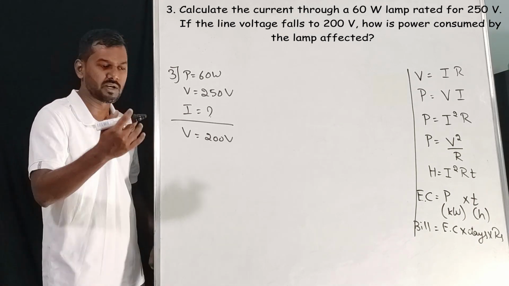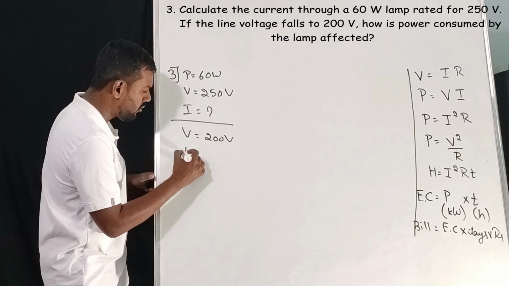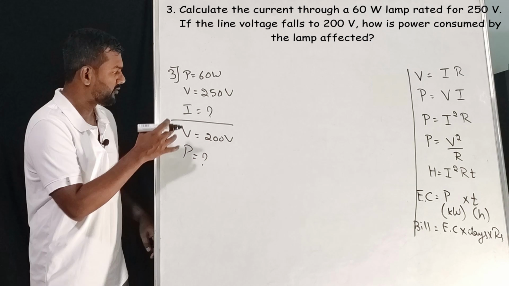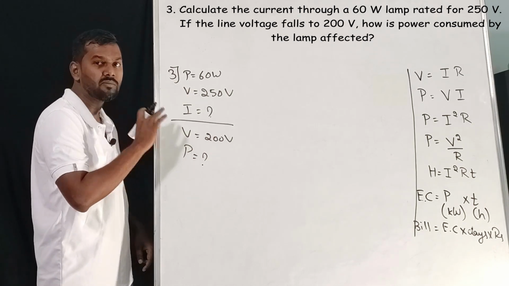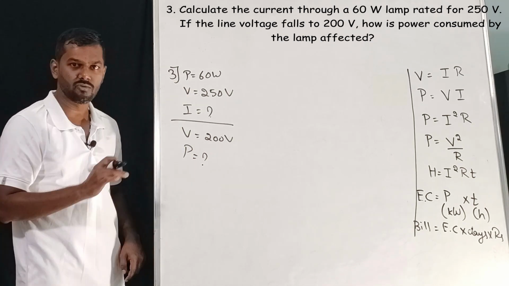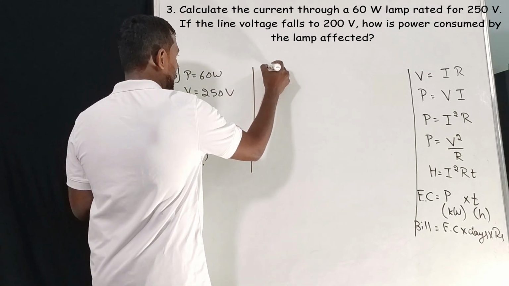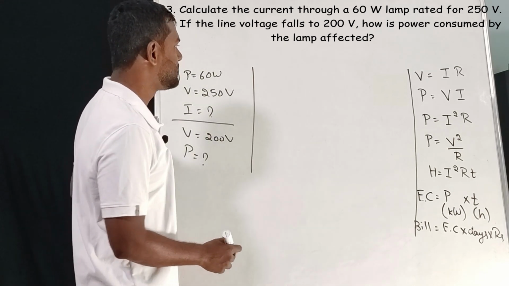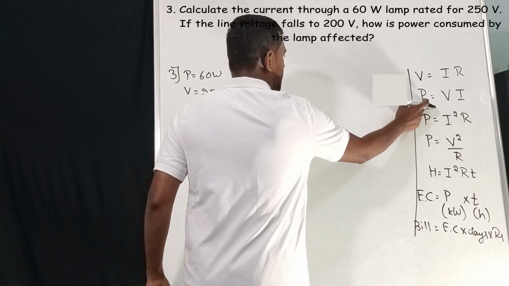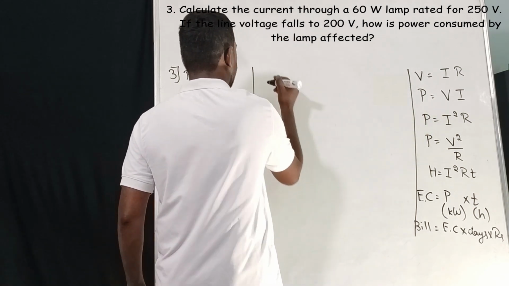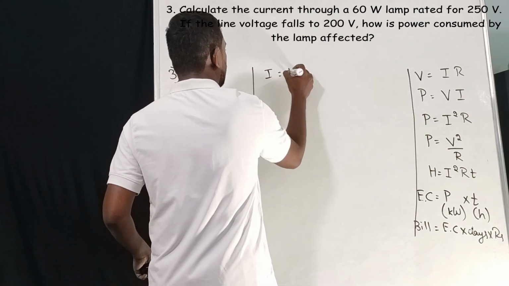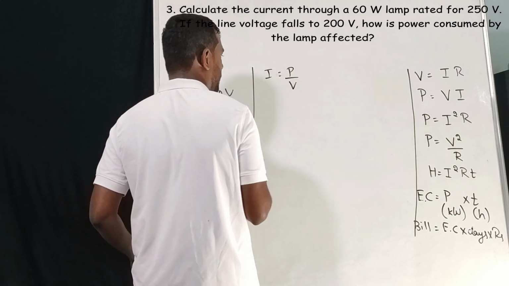That 250 volts is reduced to 200 volts. Now what is the power? First we'll solve this one. This requires some logic, I'll explain, and then we'll go for the second sub question. We need to find I using power and voltage. See, this is the formula, correct? In this formula we can find current. So I is equal to P by V according to that formula.